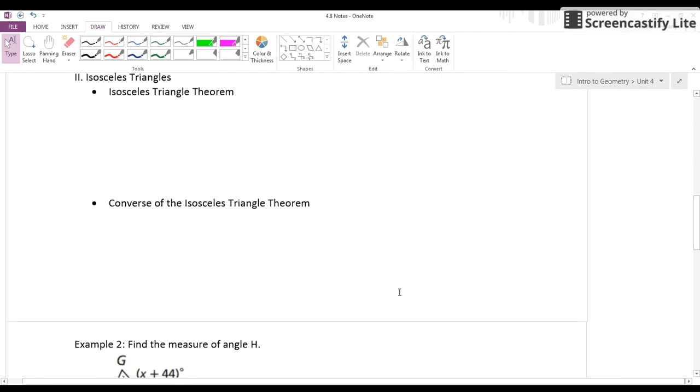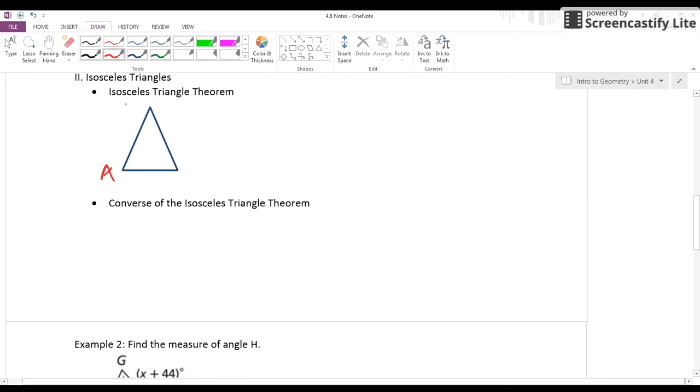Okay, the isosceles triangle theorem, what does this tell us? Remember, an isosceles triangle has how many congruent sides? Well, an isosceles triangle should have 2 congruent sides, right? So it could look something like this.